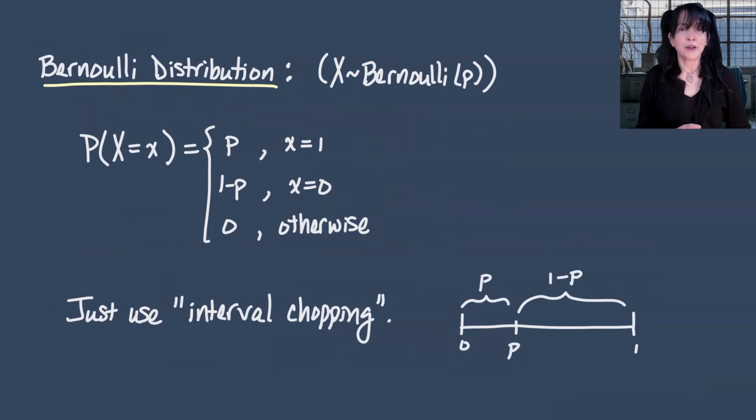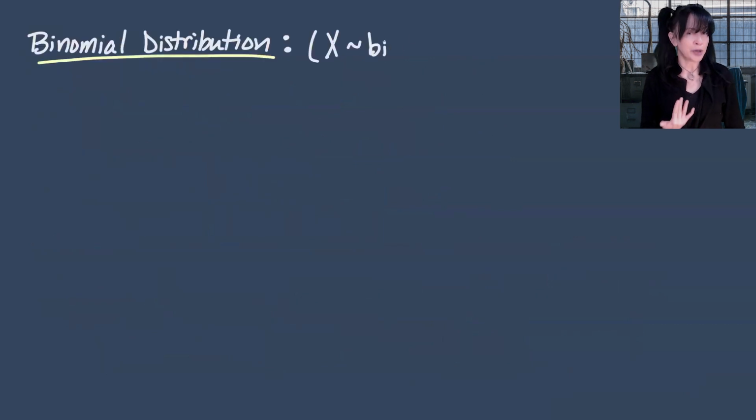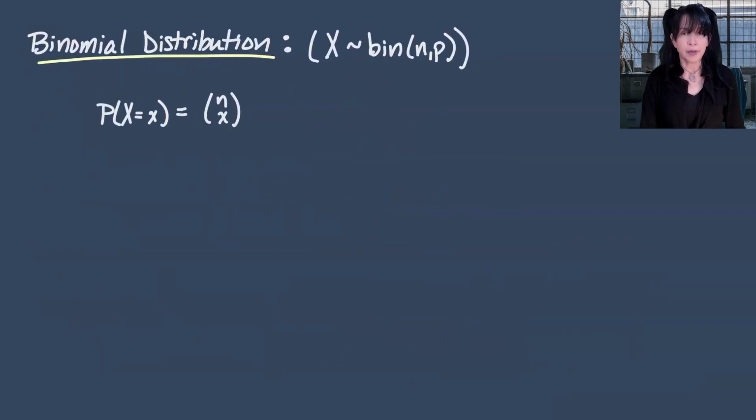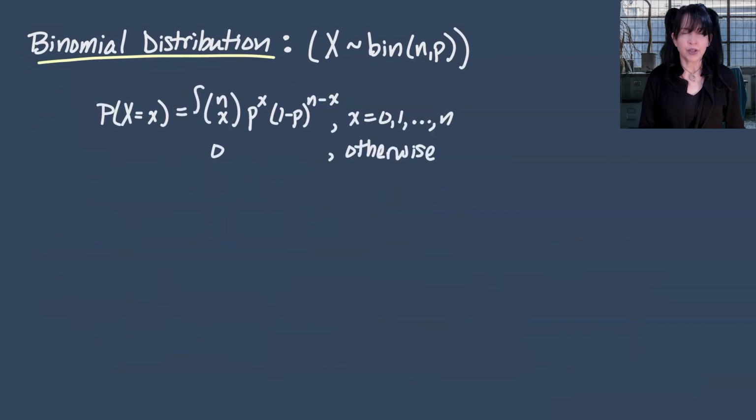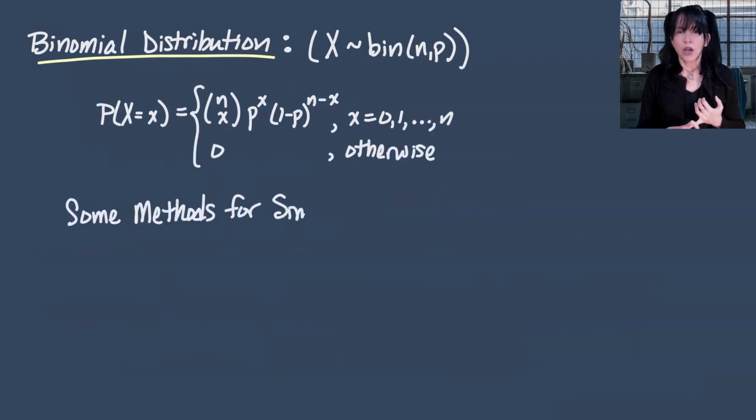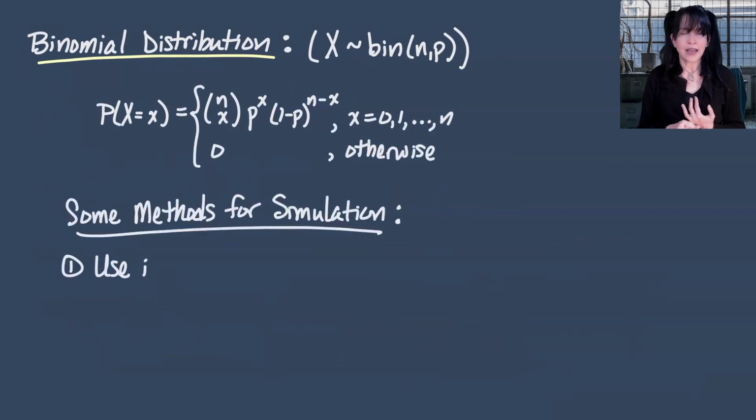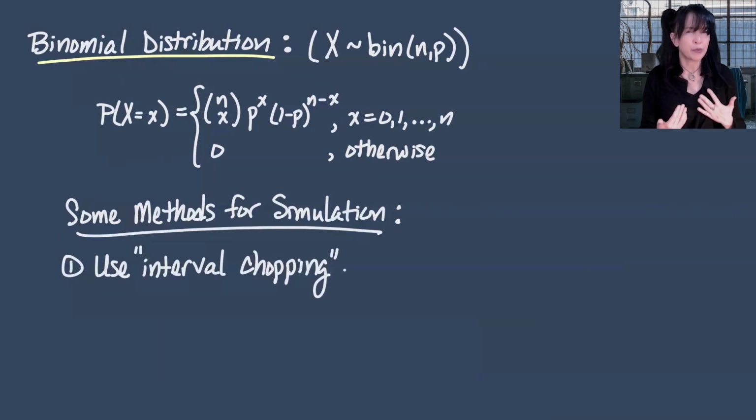Let's talk about the binomial distribution. If x has a binomial distribution with parameters n and p, that means the probability mass function looks like this. So some things you can do, you can use interval chopping. It's not bad at all. There are only a finite number of values, but I would still probably approach this as we did in the infinite number of values example. So I'm not going to chop up the complete interval into n intervals.